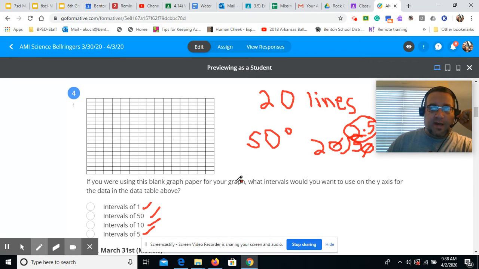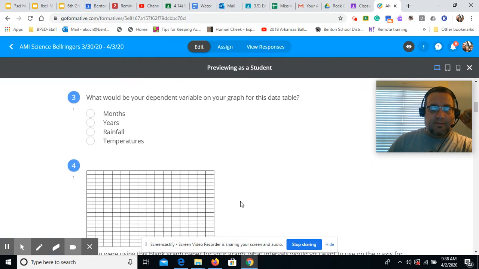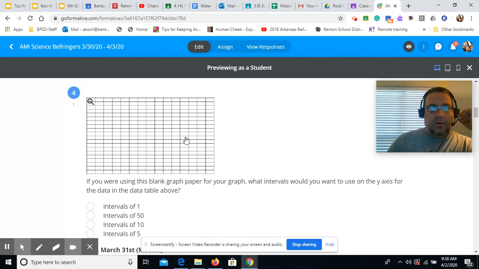Just think, if we go back up here, we're trying to go from 42 to 92. So if I come down back to my graph, and I'm writing all the way up the left, 42. If I go by 10, it'll be 42, 52, 62, 72, 82, 92.